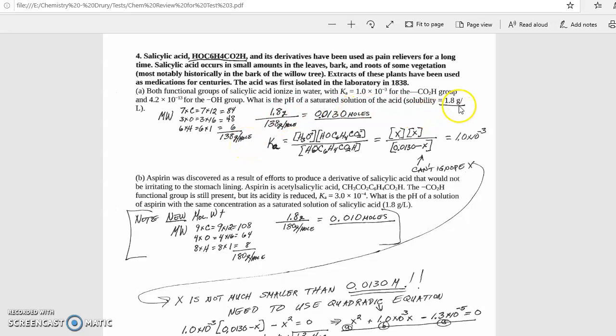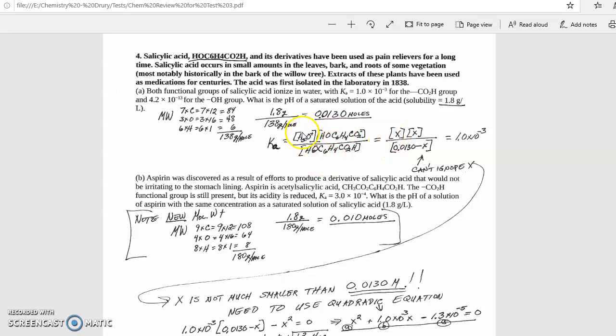If you've got 1.8 grams and that's the maximum you can get in there, you divide this by the grams per mole and you get 0.0130 moles. Your Ka is going to be your hydronium ion concentration times your salicylate concentration divided by your salicylic acid concentration.